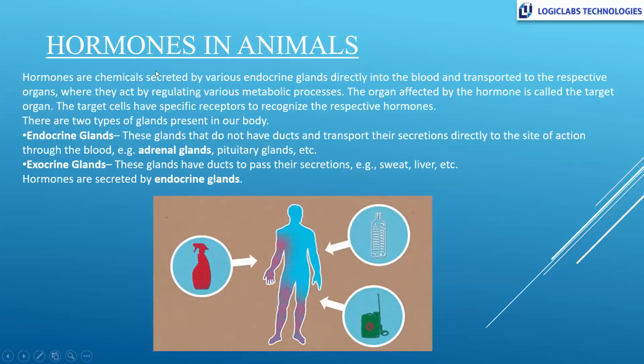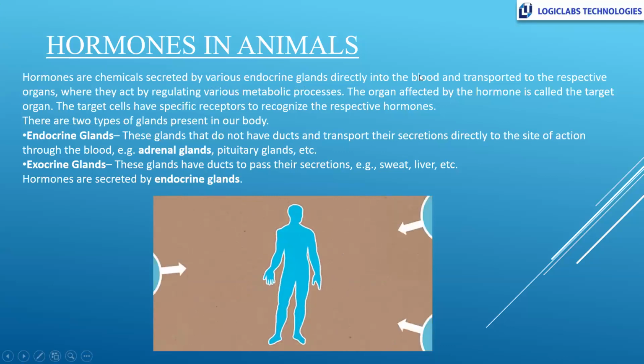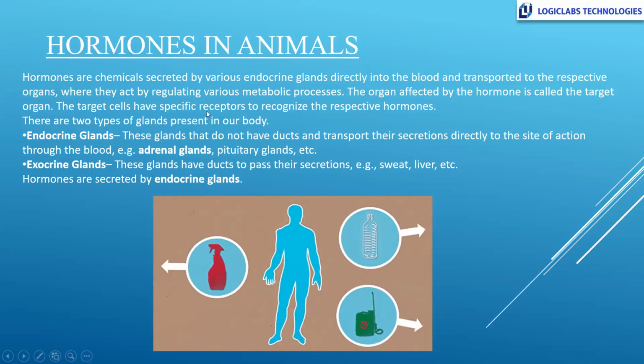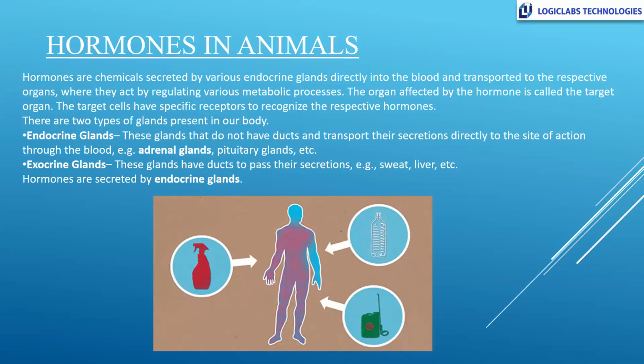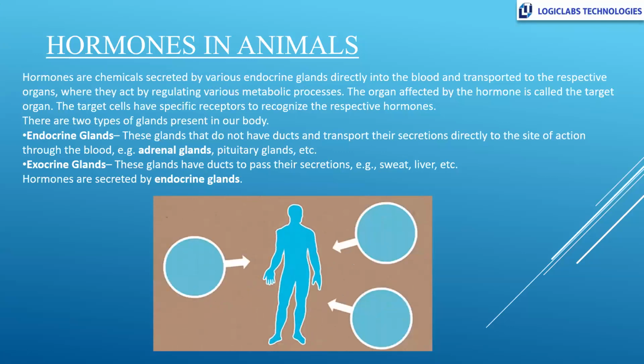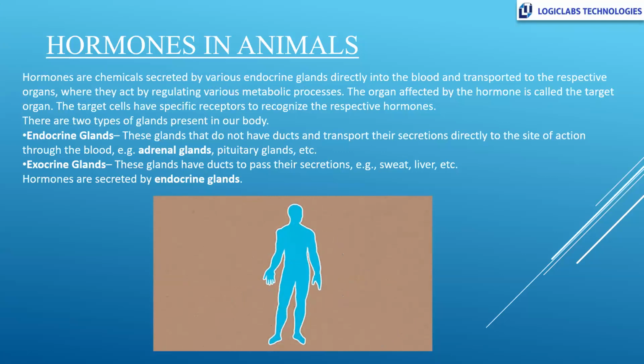Hormones are chemicals secreted by various endocrine glands directly into the blood and transported to the respective organs. First, we need to know that these hormones are released by various glands. We have two different types of glands, the endocrine gland and the exocrine gland.